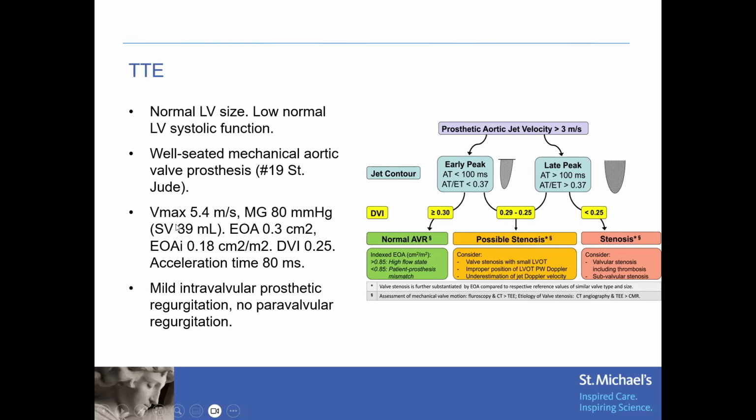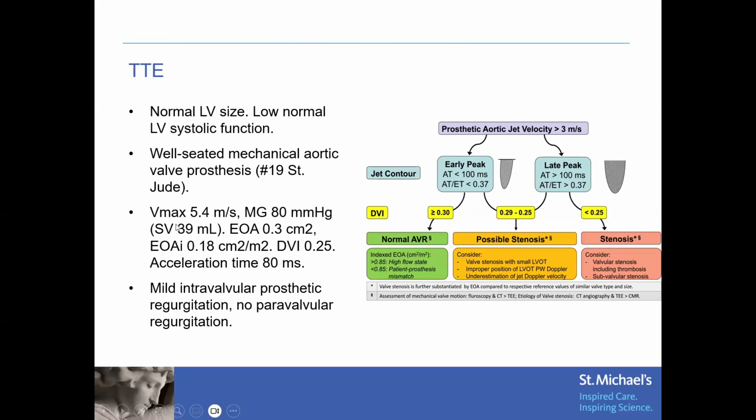The reason the DVI seems to be a little bit on the lower end when you go back and look at the actual echo is just because the PW and the VTI were not taken at the most accurate part of the LVOT. So that ratio ended up being a bit abnormal. However, the gradient may have been slightly overestimated, but it's still very, very high. Obviously, a mean gradient of 80 is still significantly elevated.